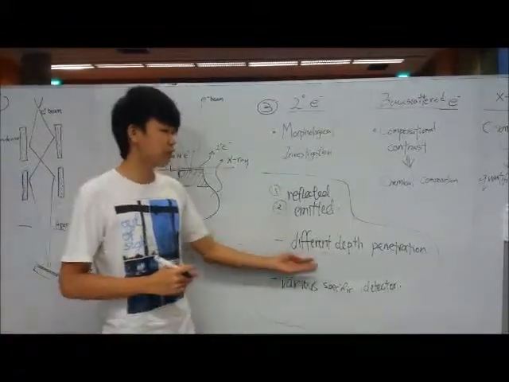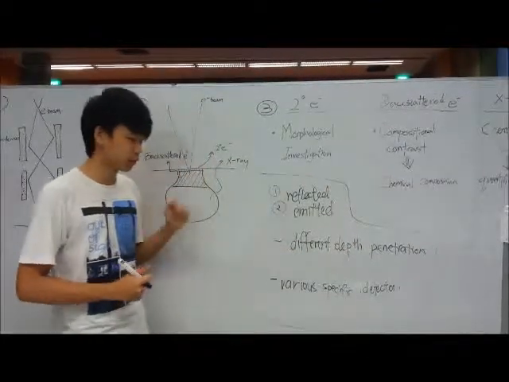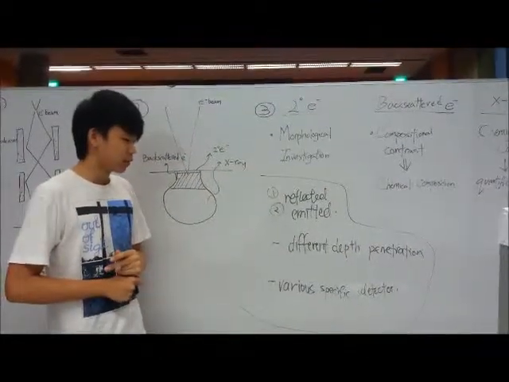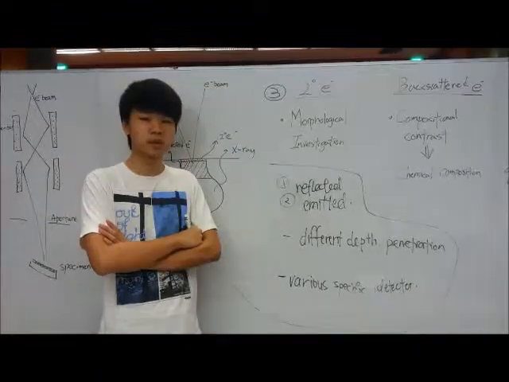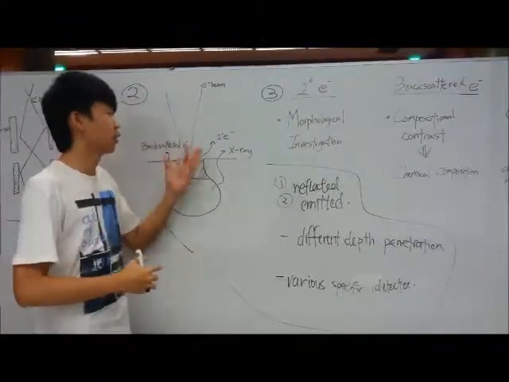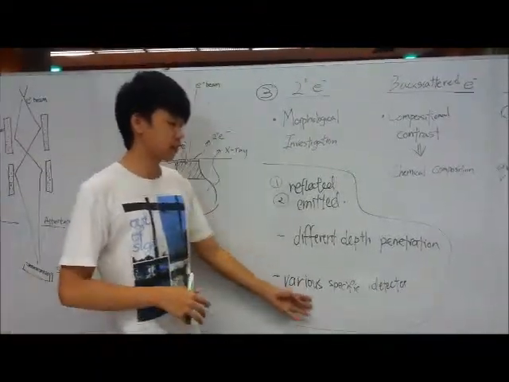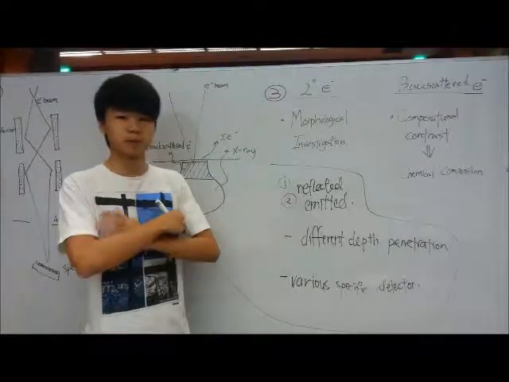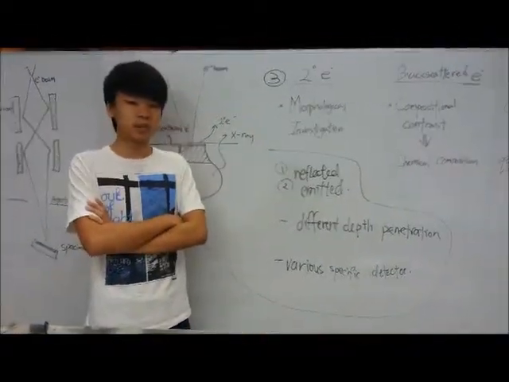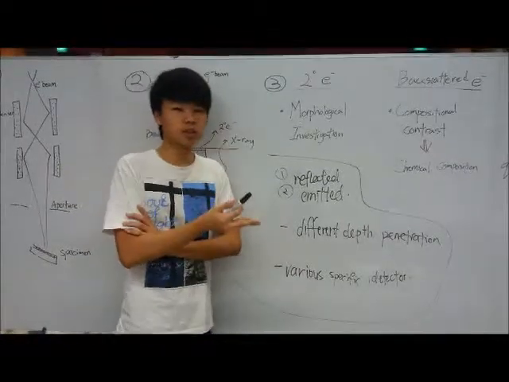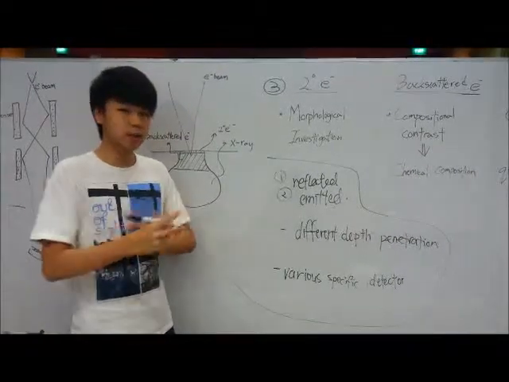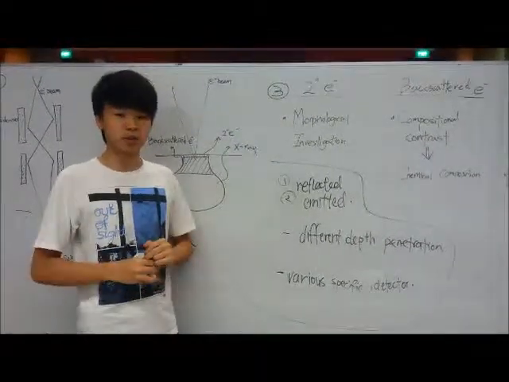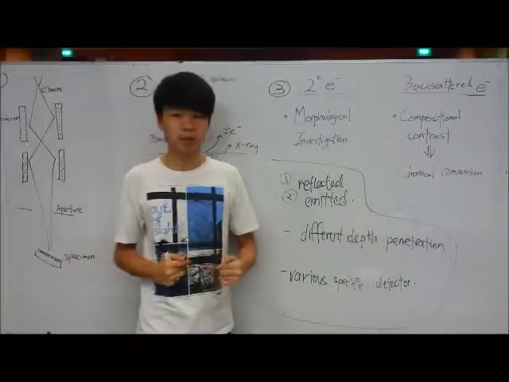This is due to the different depth penetration of the three different electrons. In order to catch the three different electrons, various specific detectors will be used. The different data collected will be translated into images, which will help us find different applications, which will be further elaborated by my teammate Jun Zhao.